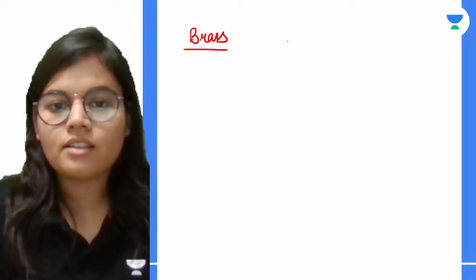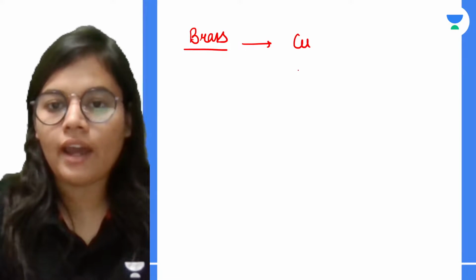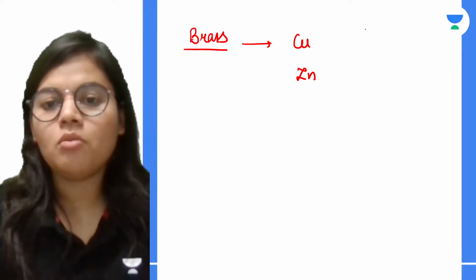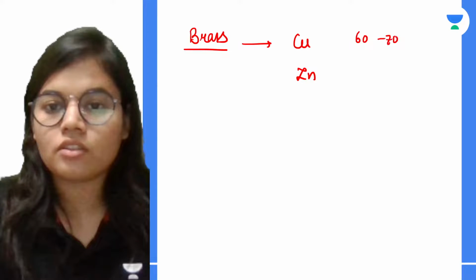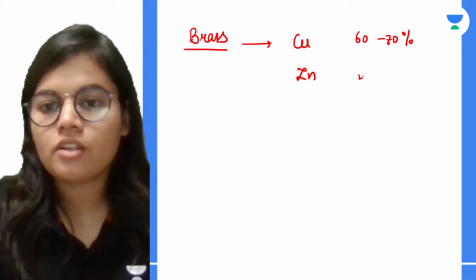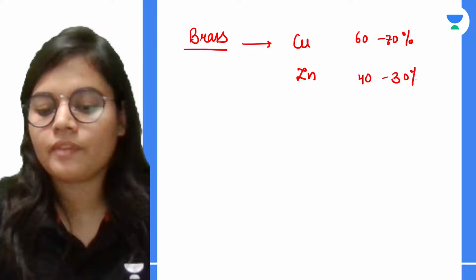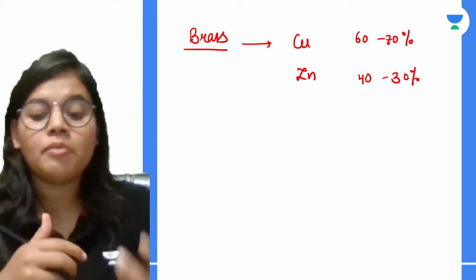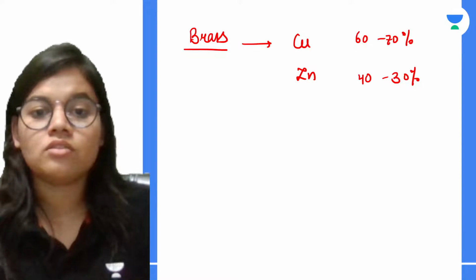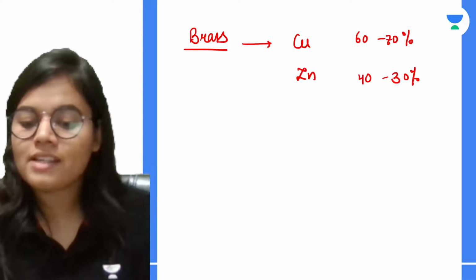Next, let's talk about brass. Brass is an alloy of copper and zinc, with almost 60 to 70% copper and 40 to 30% zinc. Brass is highly malleable and ductile, so it can be beaten into wires and sheets.